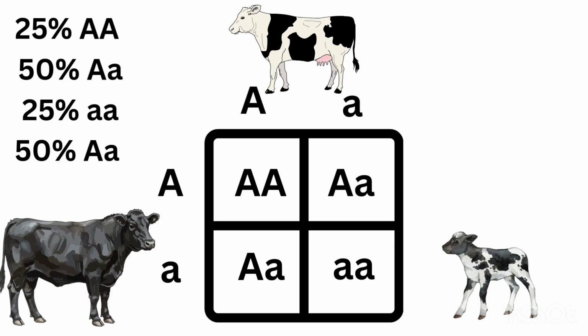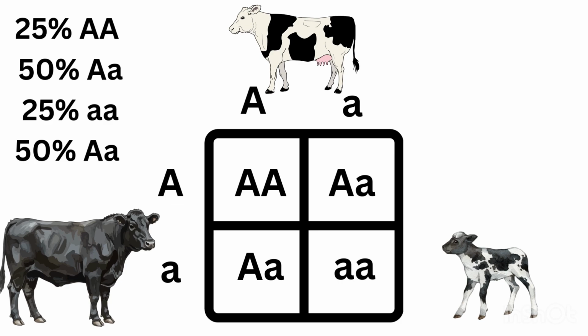And one box contains two recessive alleles, which is written as lowercase a and lowercase a. Even though there are four boxes on the Punnett square, only three different genetic combinations appear. This is why the percentages are shown as 25% homozygous dominant, 50% heterozygous, and 25% homozygous recessive. These percentages represent chances of each type of offspring being produced.